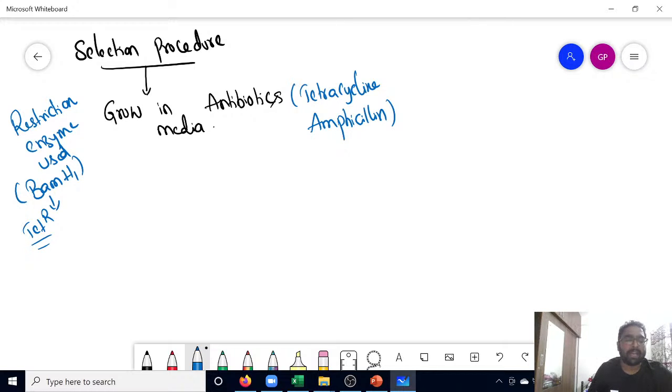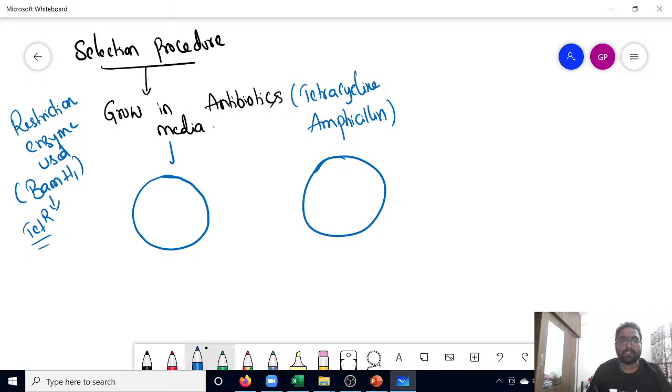Now when I grow in the media, I have taken two Petri plates. One has tetracycline, the other has ampicillin.